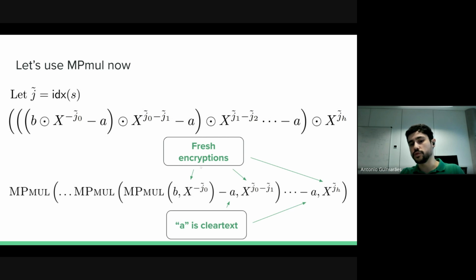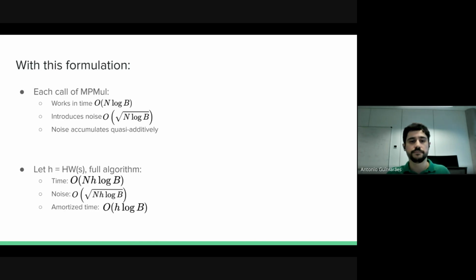Whenever you do an MP-move, you have at least one component which is a fresh encryption. And when you do the subtractions by A, which is a clear text, it also does not add to the depth. With this formalization, the GSW depth is just 1. And you can have basically the same or even better parameters than normal, non-amortized TFHE. So this is the cost that we have with this formulation. It's the same cost as before, but noise accumulates quasi-additively with just depth 1.